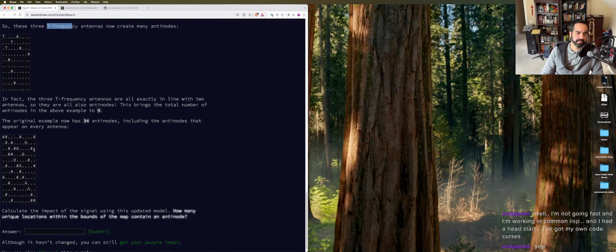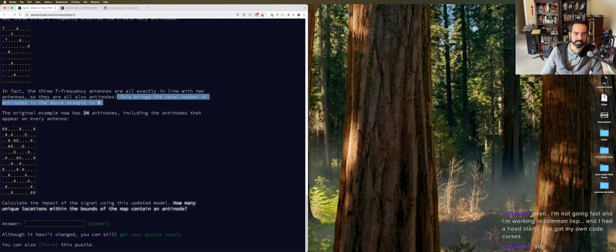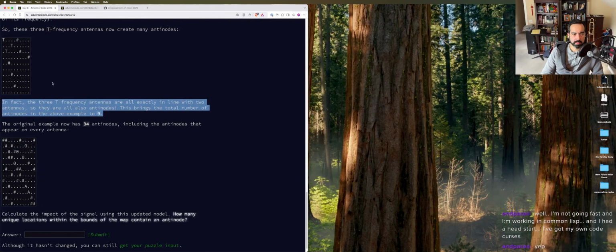Okay. In fact, the 3 T frequency antennas are all exactly in line with 2 antennas, so they're all... What? Hang on, we lost the music. So they're all also antinodes.